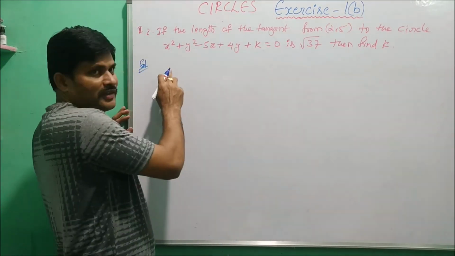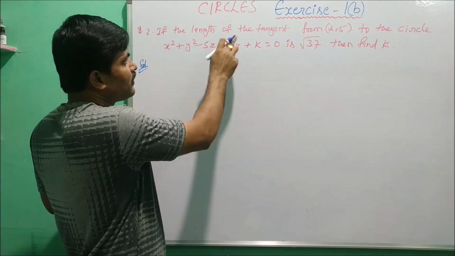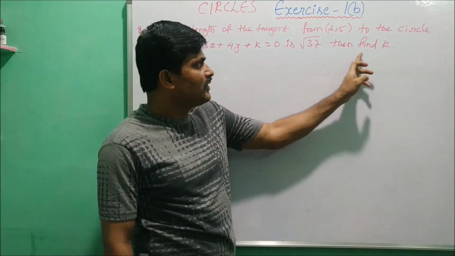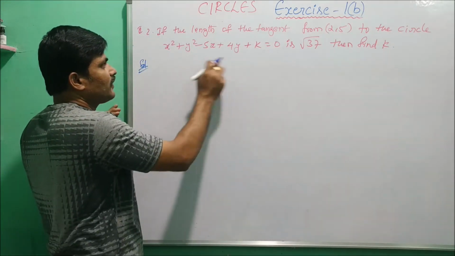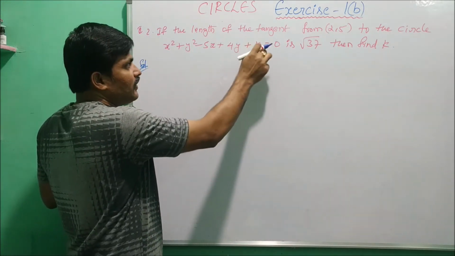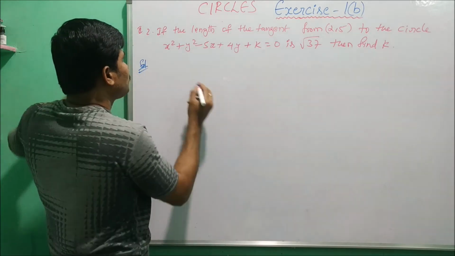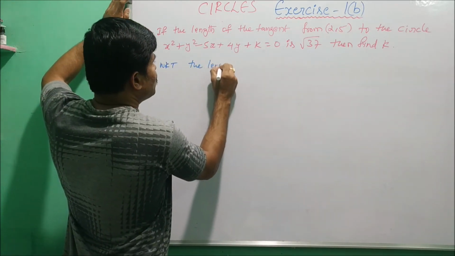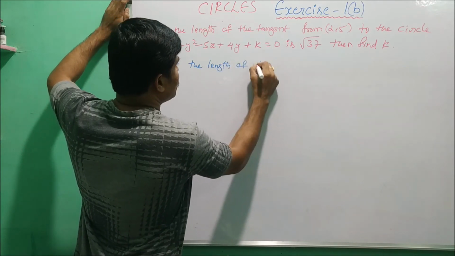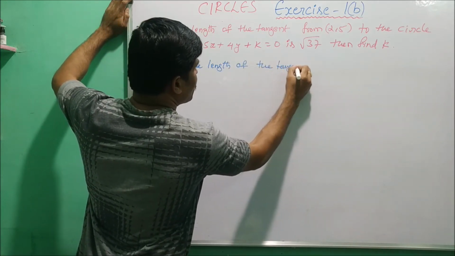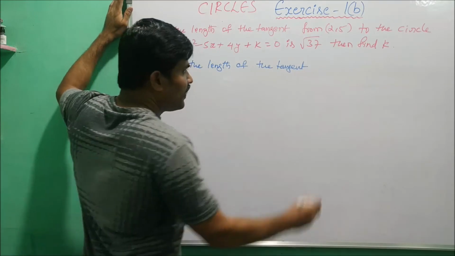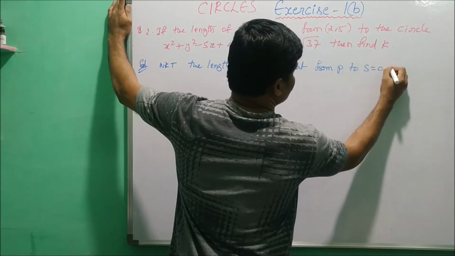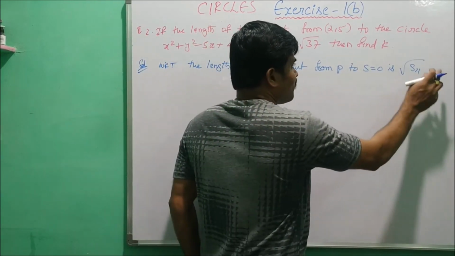Now the second problem: here also the length of the tangent from the point to the circle is given as square root 37, then find k. In the equation of the circle, we have to find the constant value k. So we know that the length of the tangent from the point P to the circle S equals 0 is square root S11.